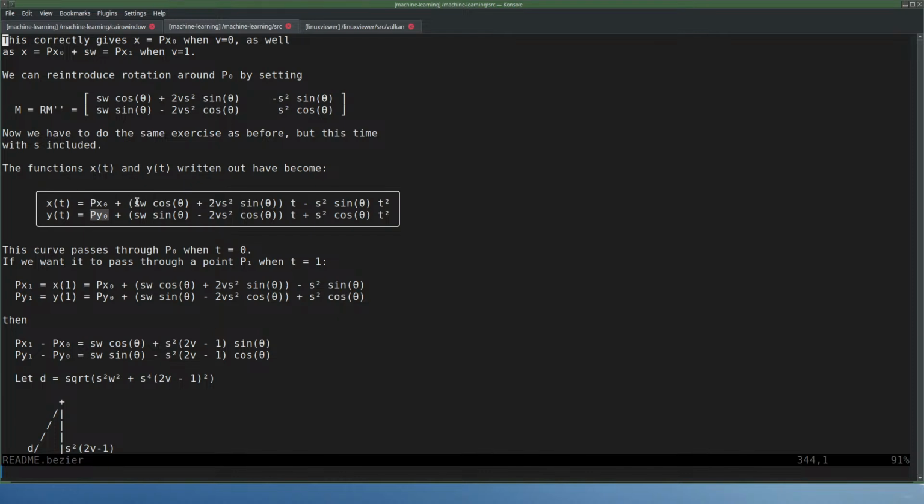Point P0 and S and W and theta and V. Did I add V already, the title? But that's it. Alpha is just a relationship between S, W and V. That is separate.